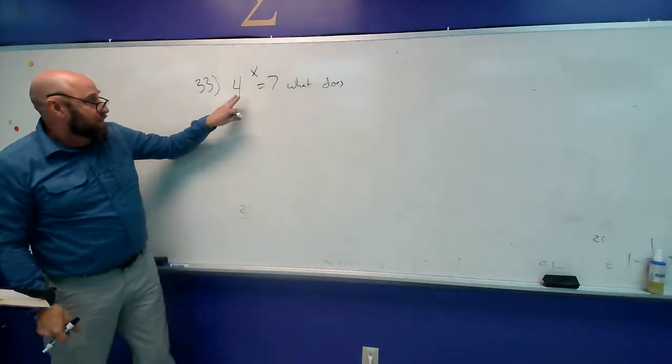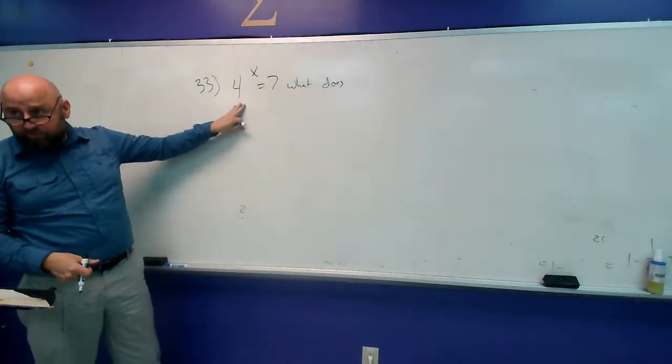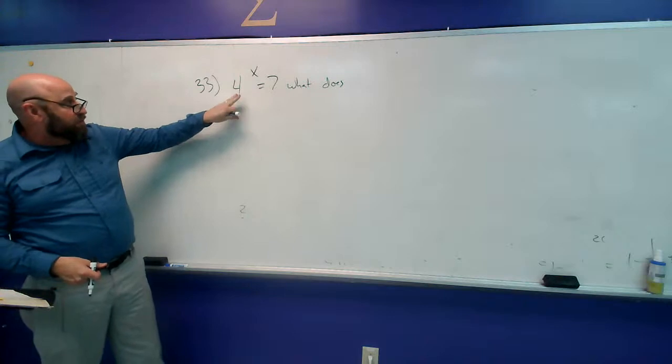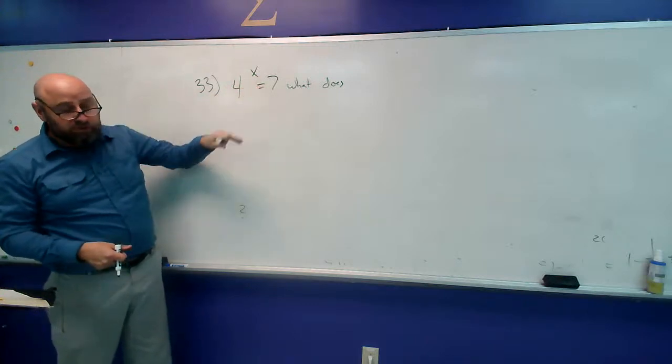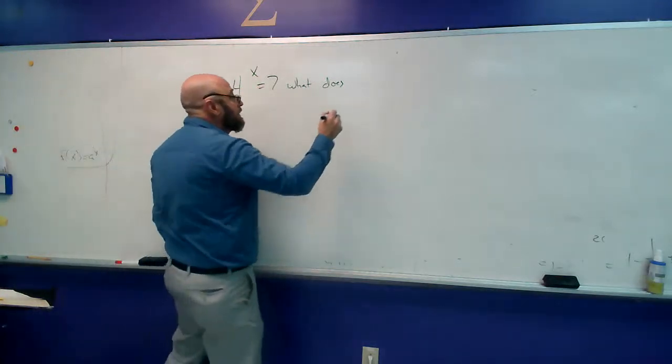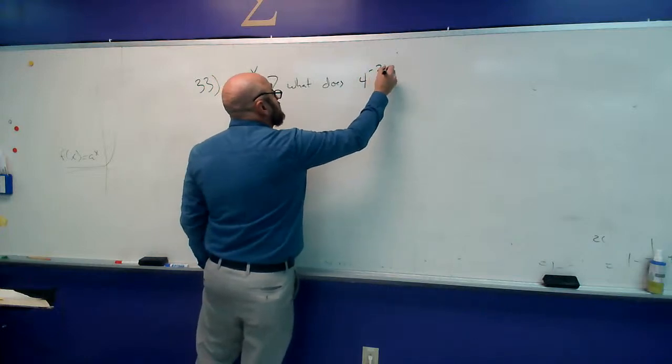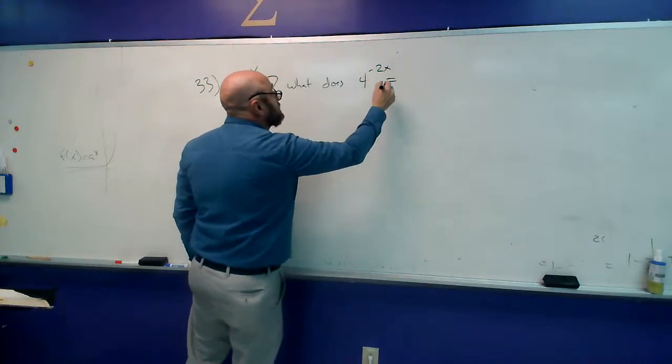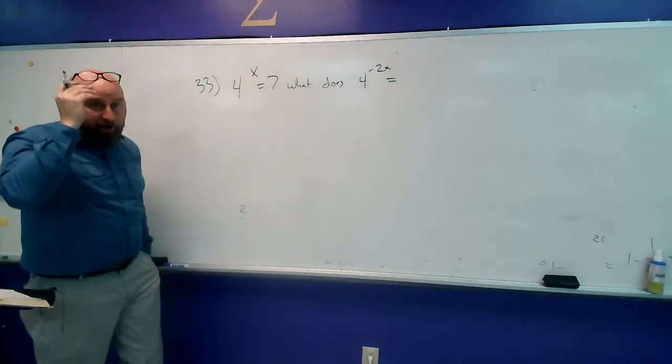So this is your function. It's an exponential function. What does 4 to the negative 2x equal? So how do we figure that out?